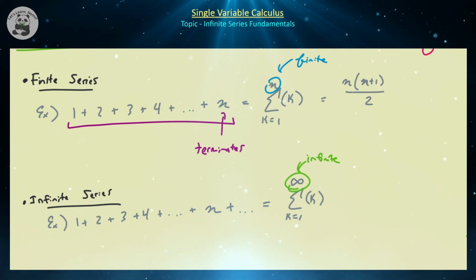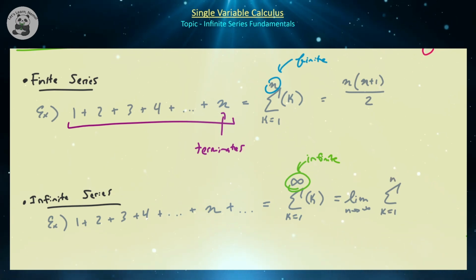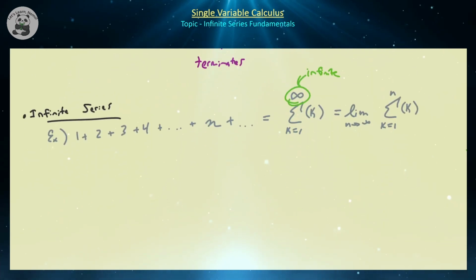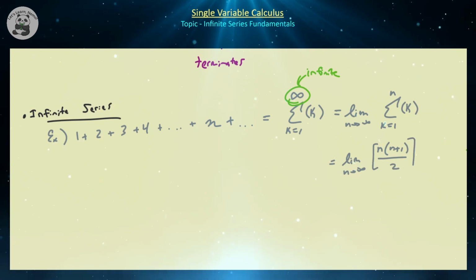So what we have here is in some sense the limit as n goes to infinity of that finite series, the sum from k equal to 1 to n of k. For this particular example, that is precisely equal to the limit as n goes to infinity of n times n plus 1 divided by 2.